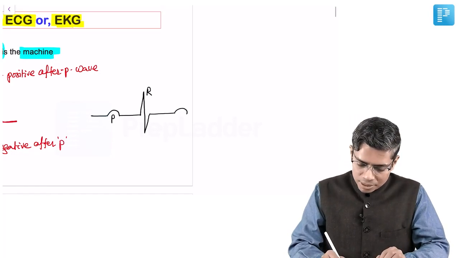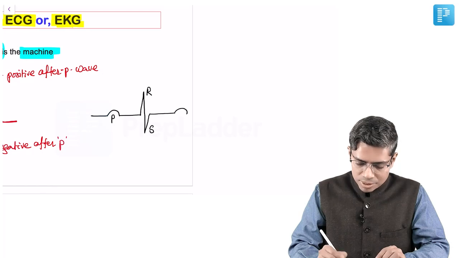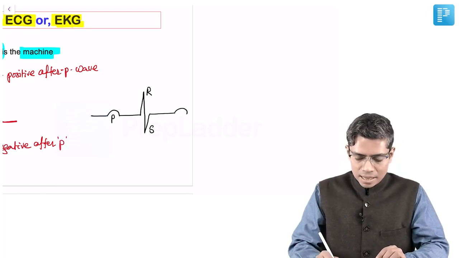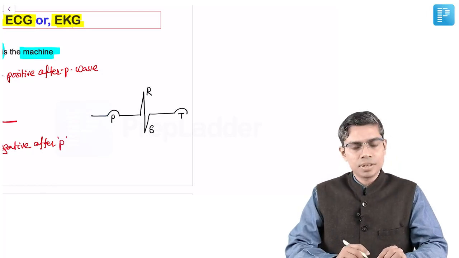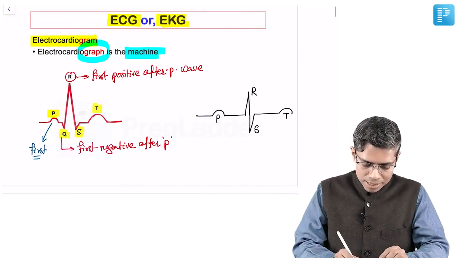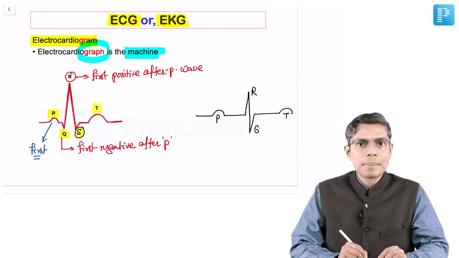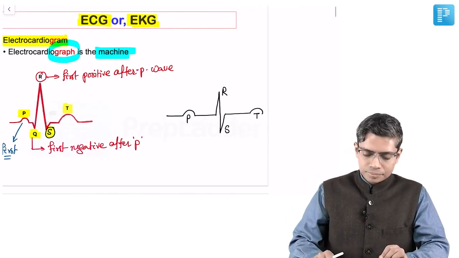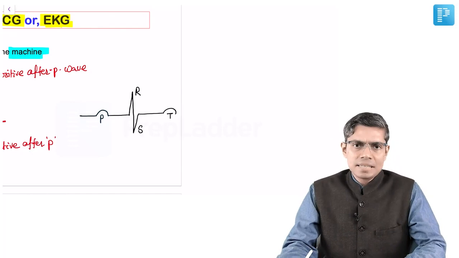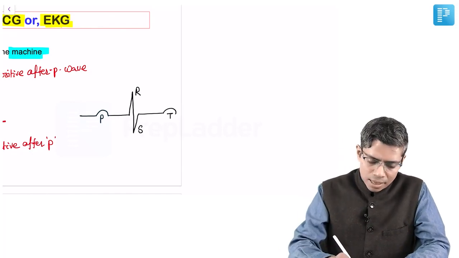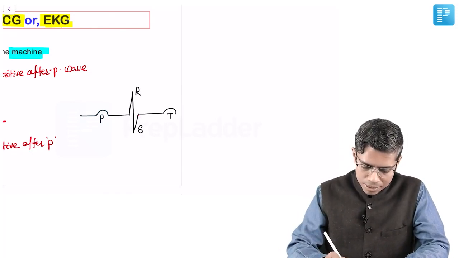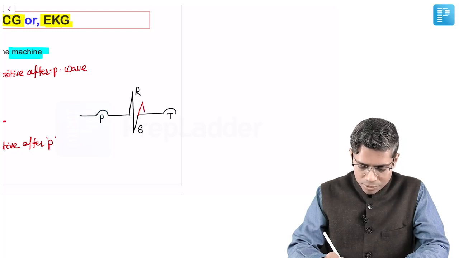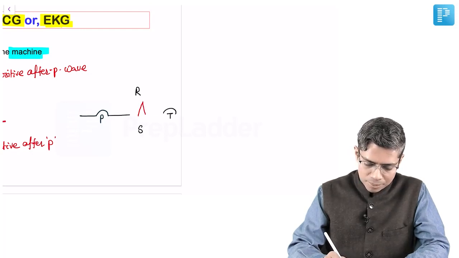So obviously after the R wave the next wave that comes is the S wave, and this is the T wave. Okay, similarly here also you are getting this S wave which appears after the R wave, right? Now in some abnormal ECG you may get a positive wave after this S wave also. Suppose you are getting again a positive wave like here.